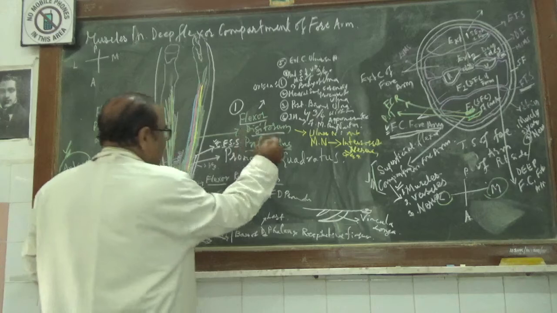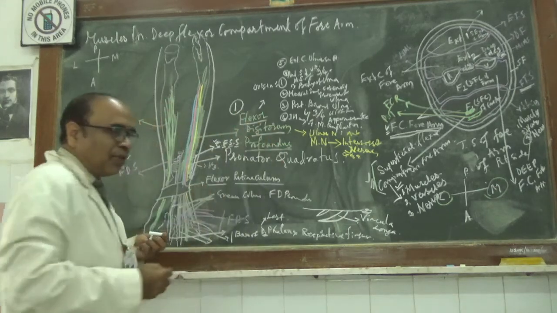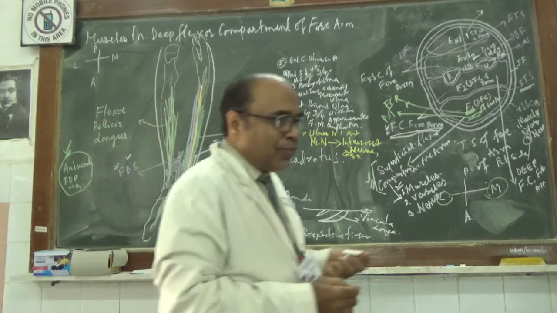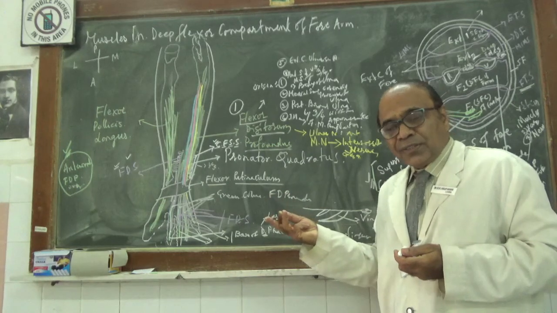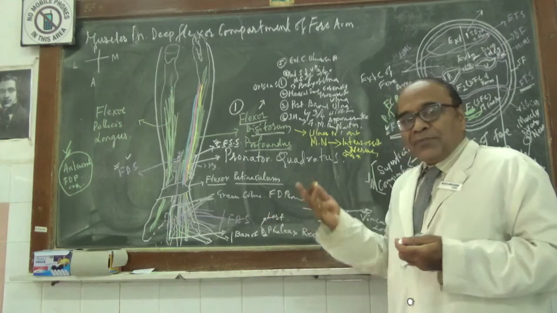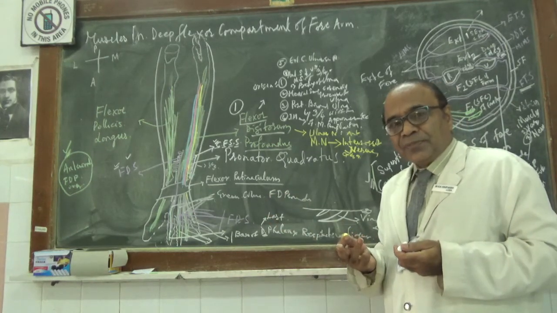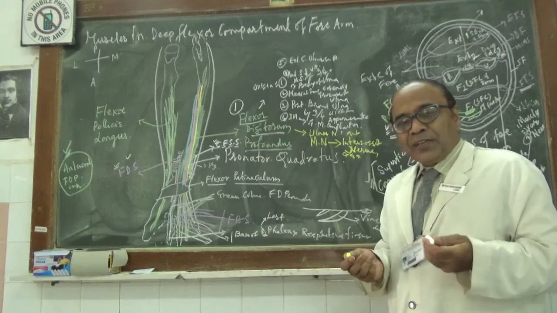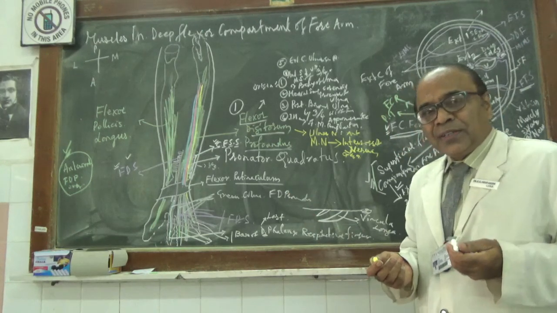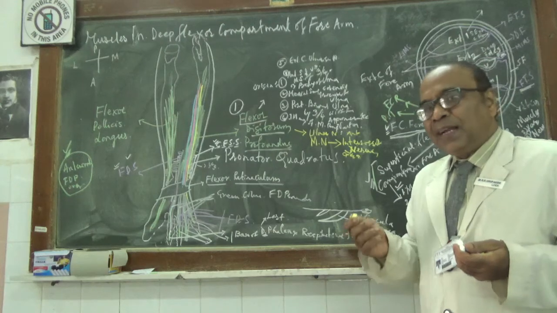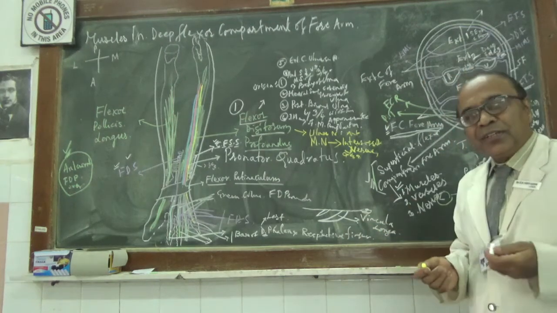Now what is the action of this flexor digitorum profundus? It does flexion of the wrist, flexion of the intercarpal joints, flexion of the metacarpophalangeal joints, flexion of the carpometacarpal joints, and flexion of the interphalangeal joints.